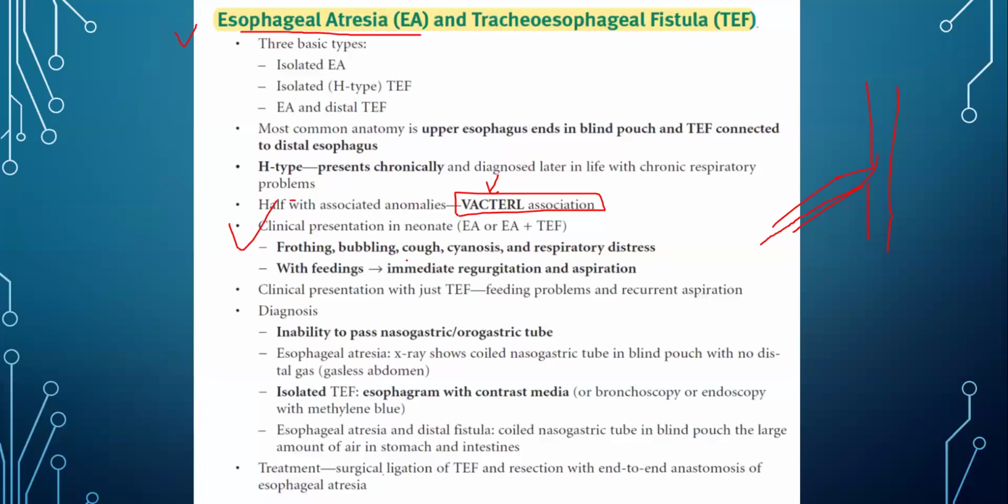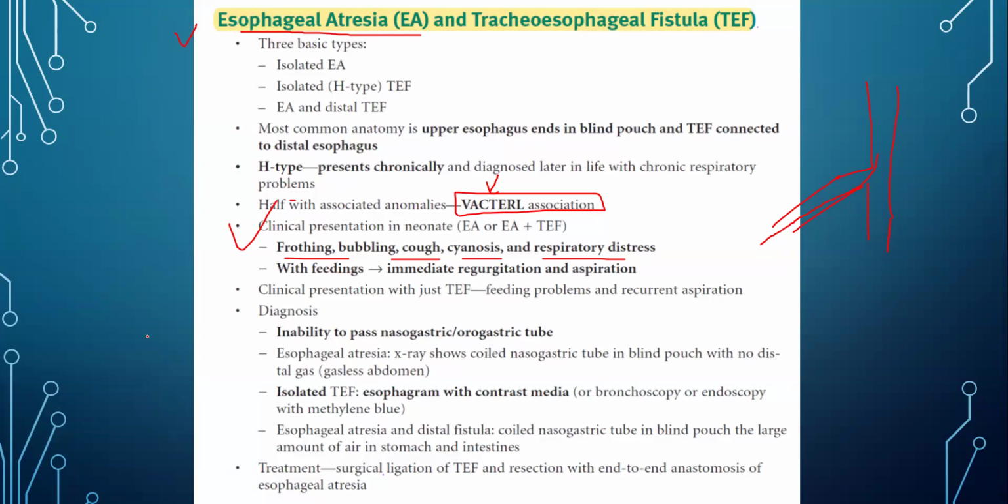In those situations, children will get cough, cyanosis, respiratory distress, and sometimes even frothing, bubbling coming out of the mouth. So if it is just atresia, children will mainly have vomiting of milk, no other symptoms. Whereas if it is atresia with fistula, they will have respiratory symptoms.